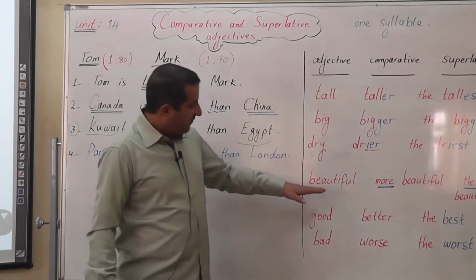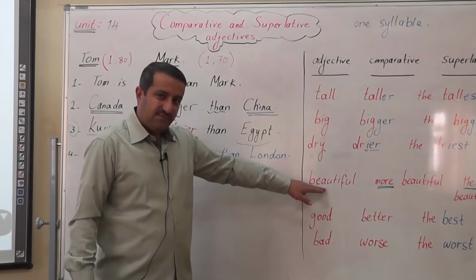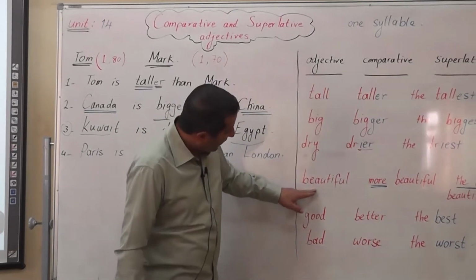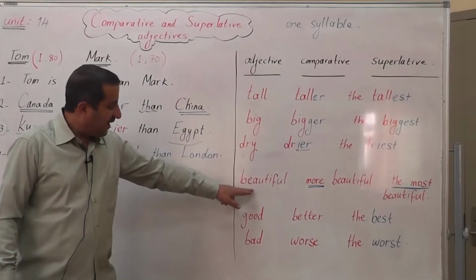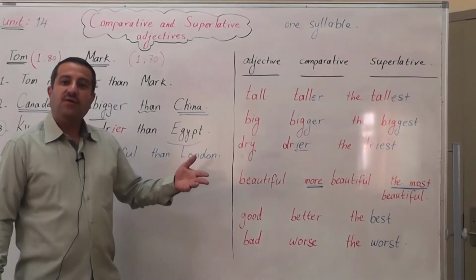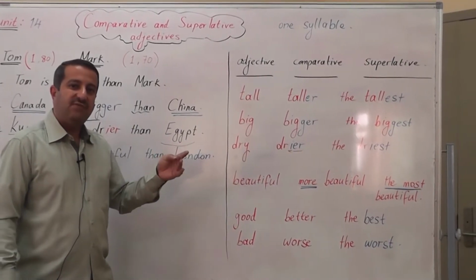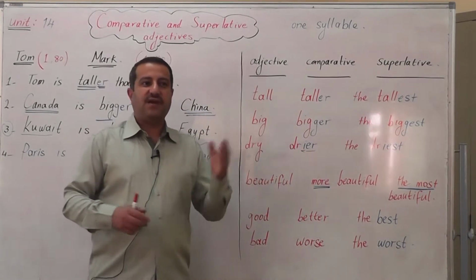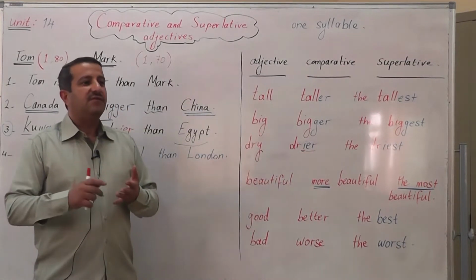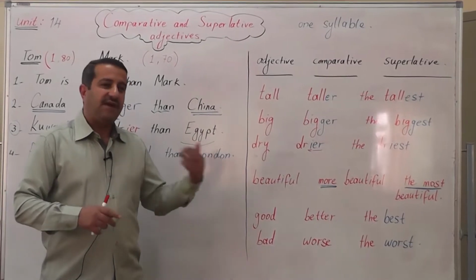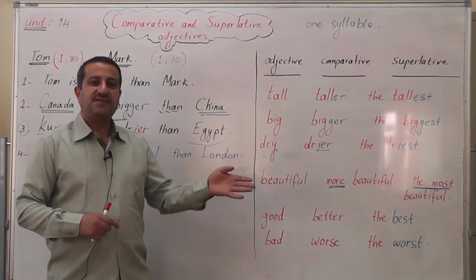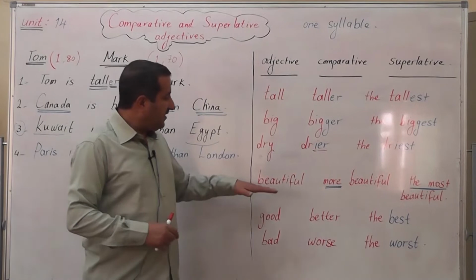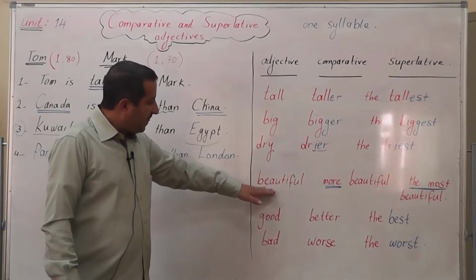Like, for example, if you look at the word beautiful, it has more than one syllable. It has three syllables. And we also have other adjectives like difficult, famous, expensive, and so on.